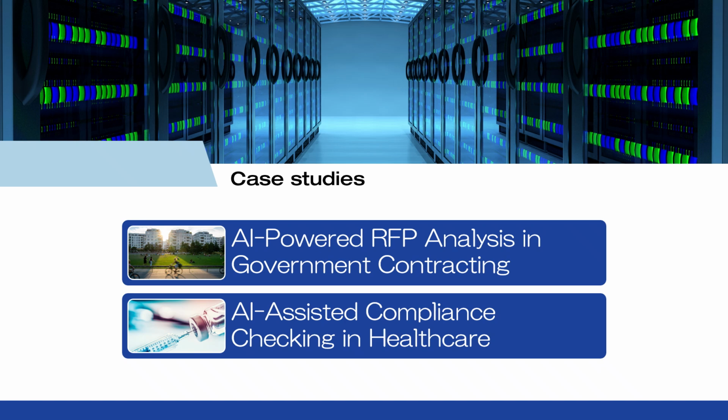The benefits of using AI in this scenario included reduced risk. The AI tool helped to identify and address all critical compliance requirements, reducing the risk of legal penalties and reputational damage. Improved quality: by ensuring compliance, the AI tool contributed to the overall quality and completeness of the proposal.